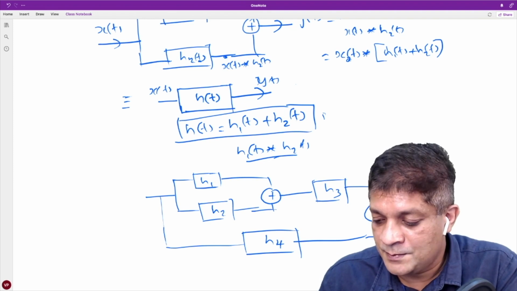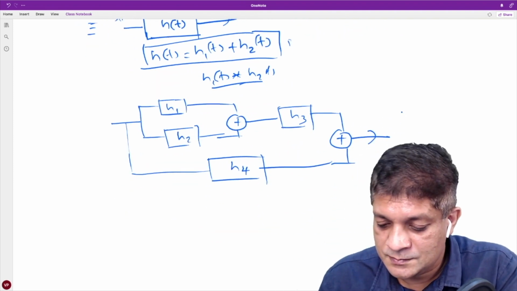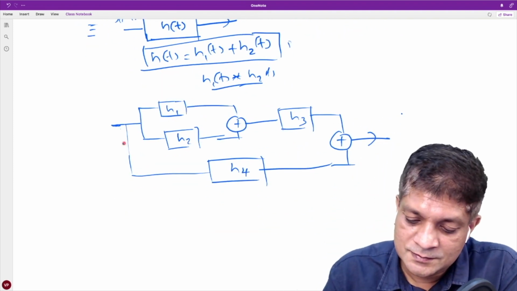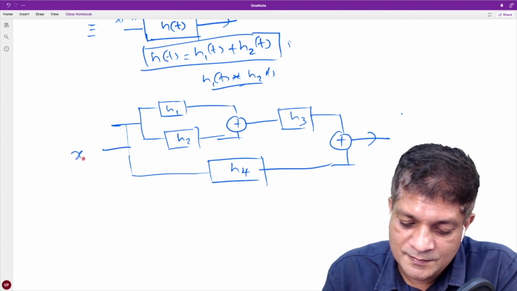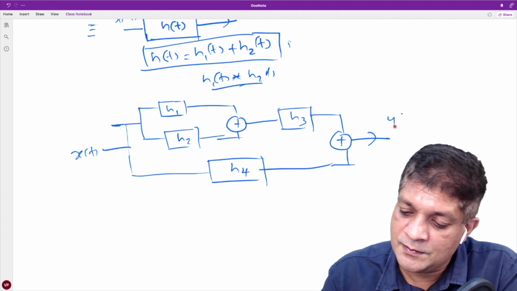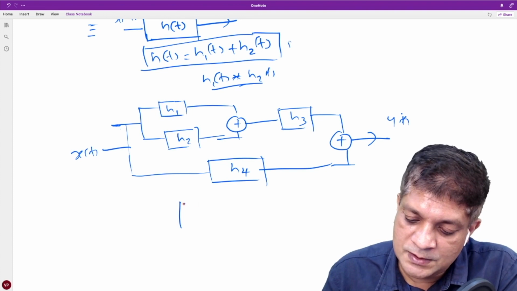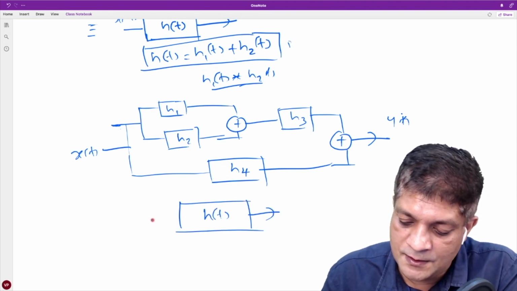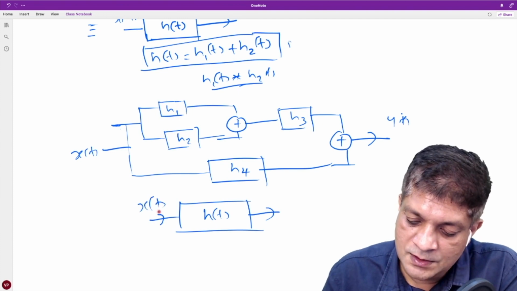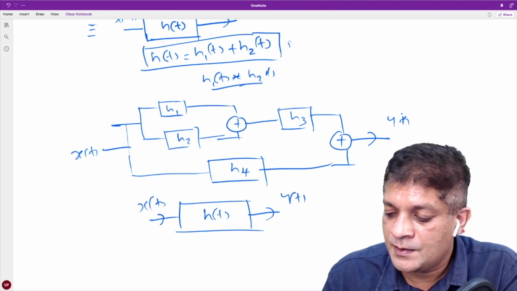What is the impulse response of this? We can replace it with an equivalent system having impulse response h(t), with input x(t) and output y(t).